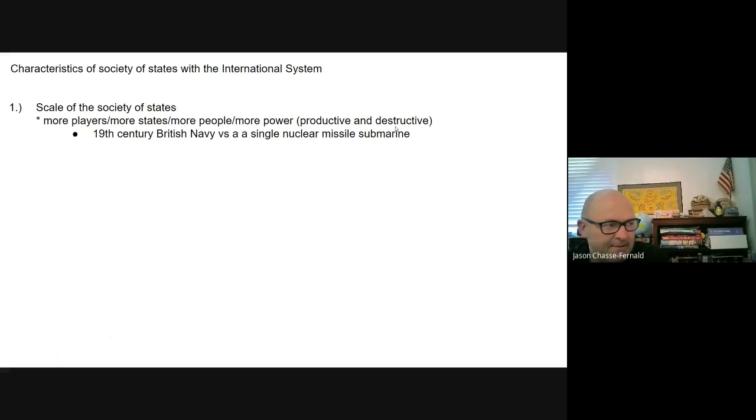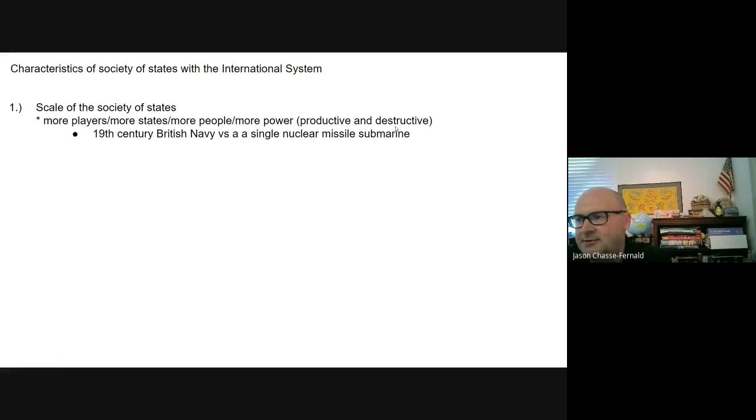And I always like that example of using the British Navy. If you look at the end of the 19th century, the British Navy was uncontested when you talk about global power and controlling the seas. And nobody would accuse the British Navy of that today.